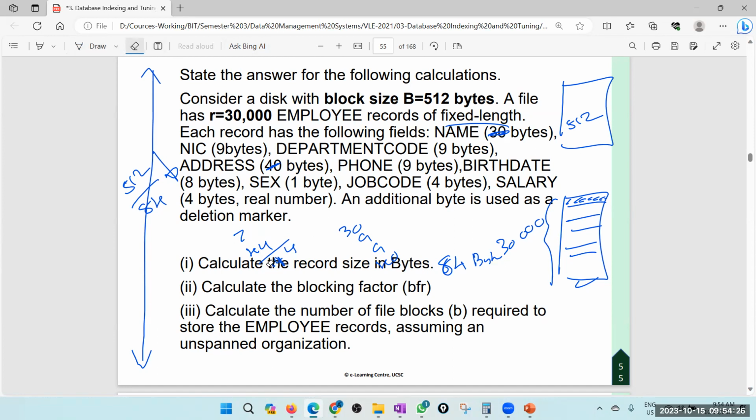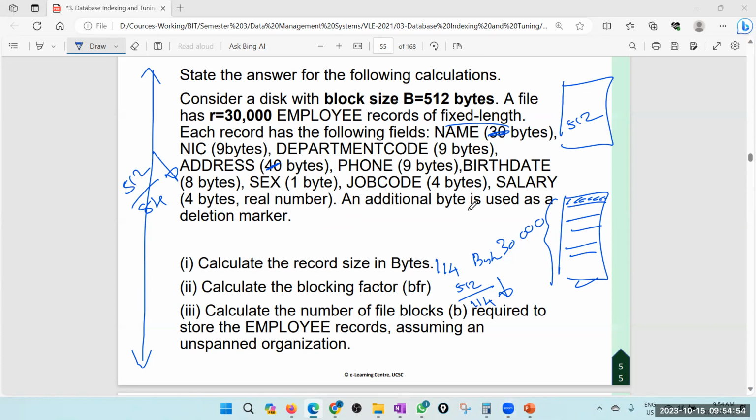114 byte. So therefore, the one record is 114 byte, so block factor is 512 divided by 114, but we have to floor it.